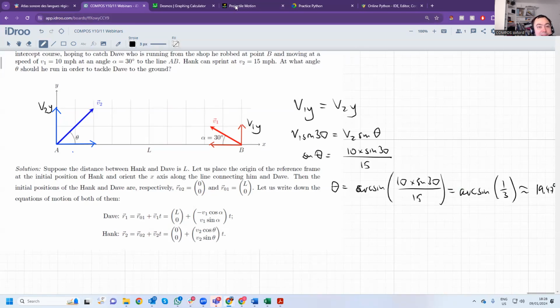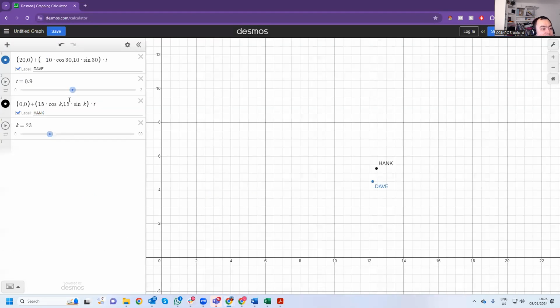Let's check that. Go back to our model. If we change the angle to 19.5 degrees, 0.5.